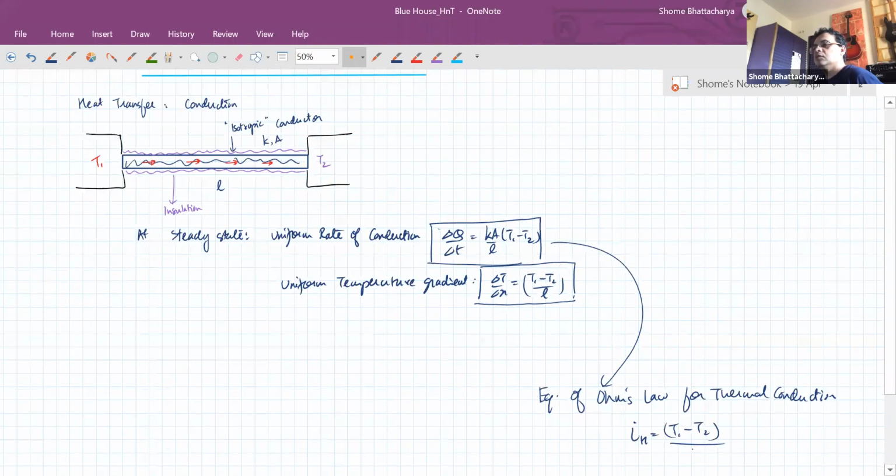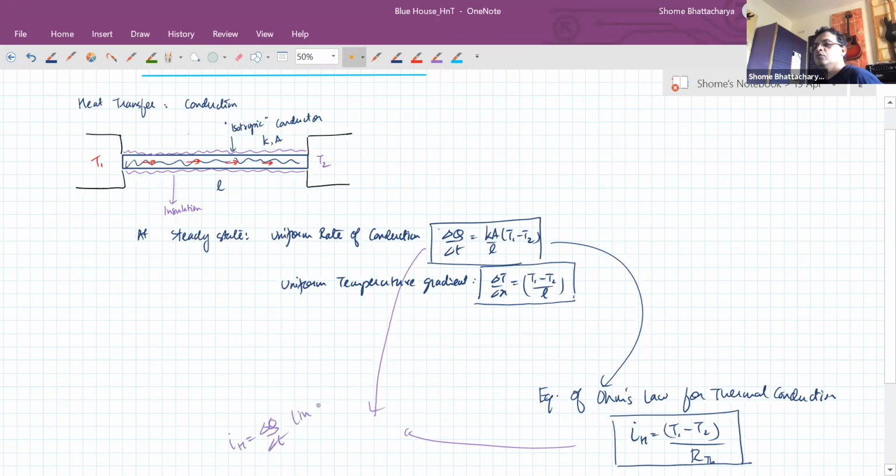Okay, so we introduce these two new terms, and by comparison of this equation with this equation, we saw that the heat current is equal to delta Q by delta T in watts, right? And the thermal resistance is equal to L upon KA in Kelvin per watt.